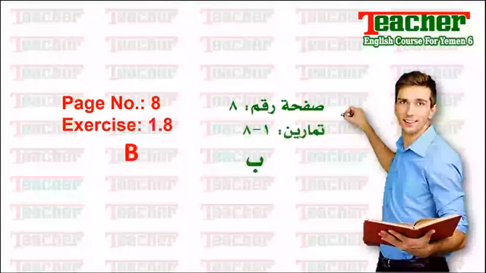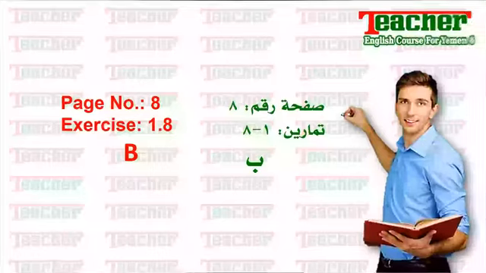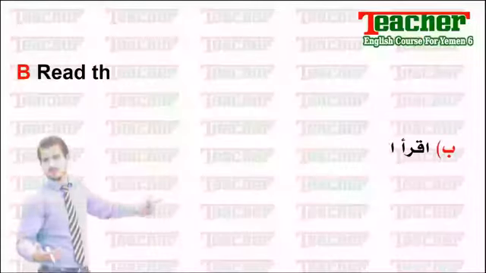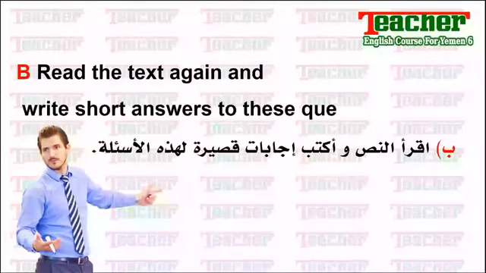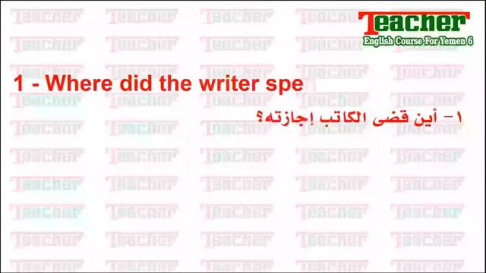Page number 8, exercise 1.8. B. Read the text again and write short answers to these questions. 1. Where did the writer spend his holiday?